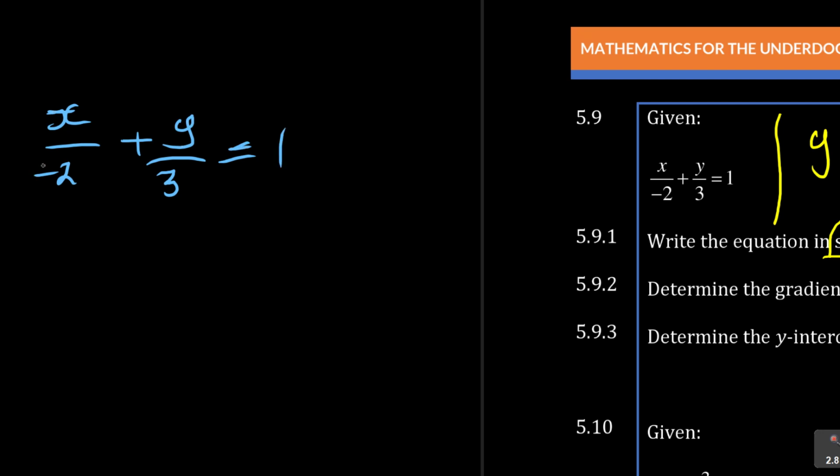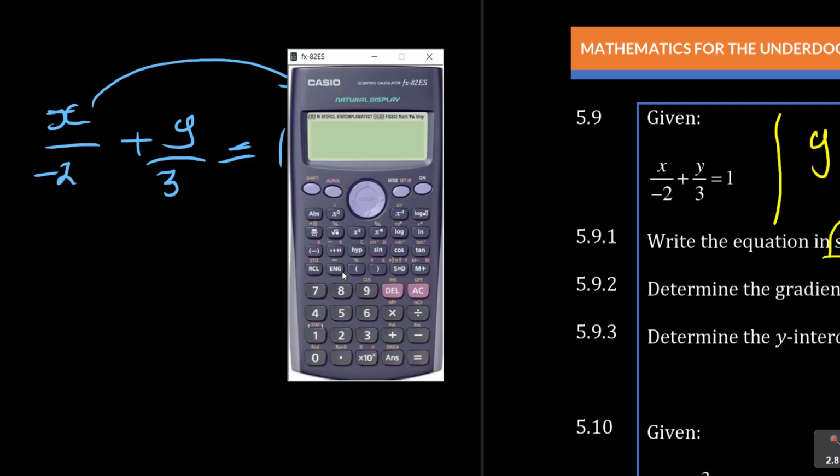So we can take this minus this side, it goes this side. It will become positive because this minus is as good as is there. If I take a calculator and I say 1 over minus 2, look at the answer. It's still minus 1 over 2.